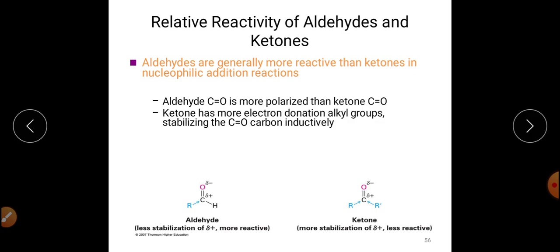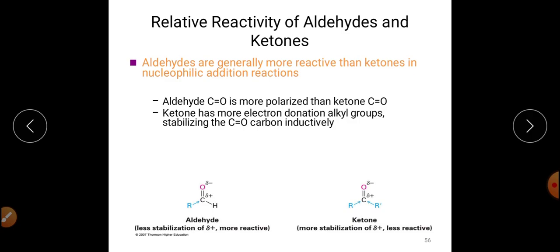Because of that, the partial positive charge that appeared on the carbonyl carbon tends to be diminished. Reason being, two electron donating groups are here, and when they donate electrons, this positive charge will be very less in comparison to aldehyde.